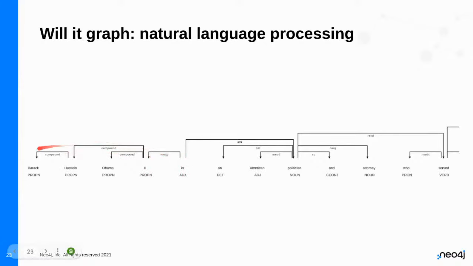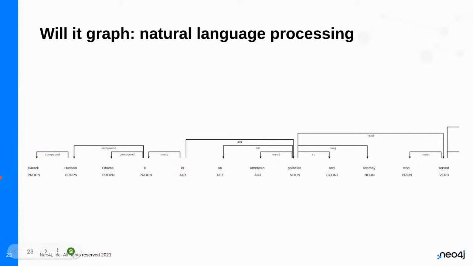For instance, I've got this segment up here where I have the words Barack Hussein Obama II. These are called compounds, but they all have a relationship to the word is. It might be hard to see, but the arrows kind of go in this direction. Here, the Roman numeral 2 relates to the word Obama, and it also relates to the word Hussein.